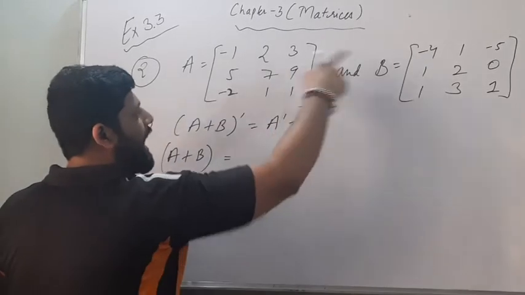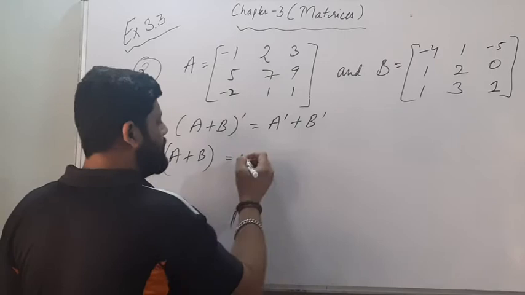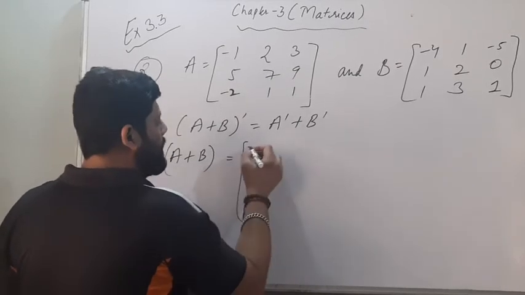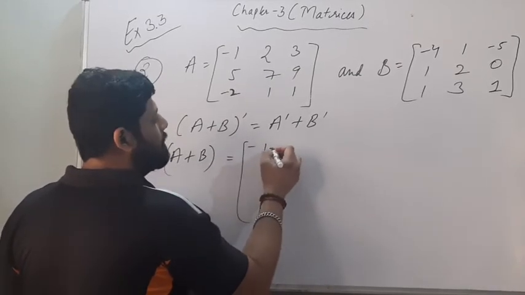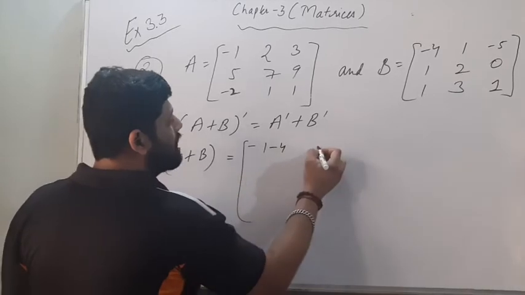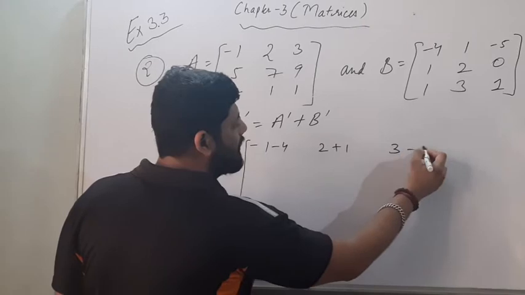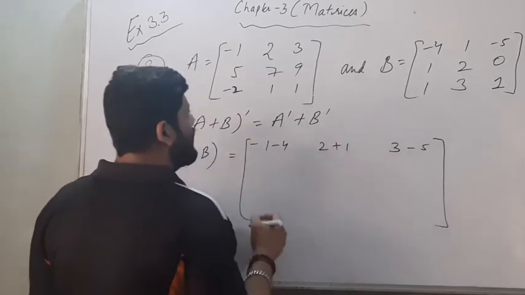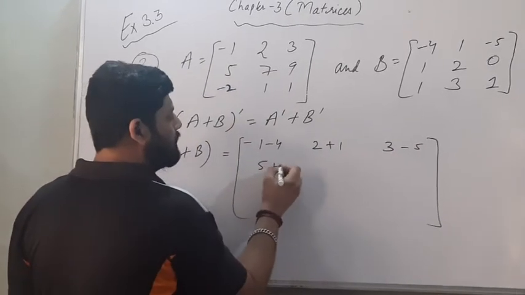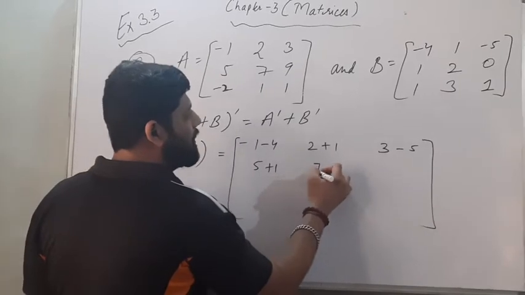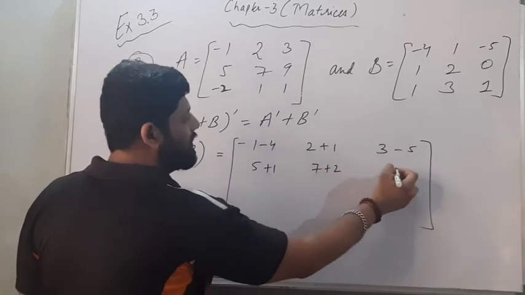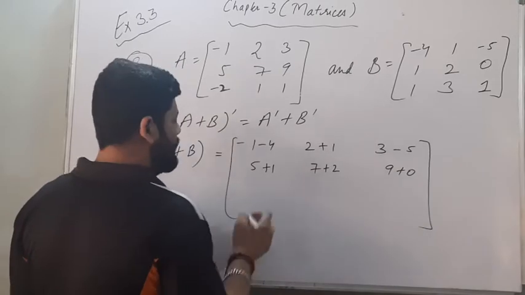So A plus B, we will add both these matrices. So A plus B will be: -1 and -4. This will be 2 plus 1, and it will become 3 minus 5. This will be 5 plus 1. This element will become 7 plus 2, and this element will become 9 plus 0.